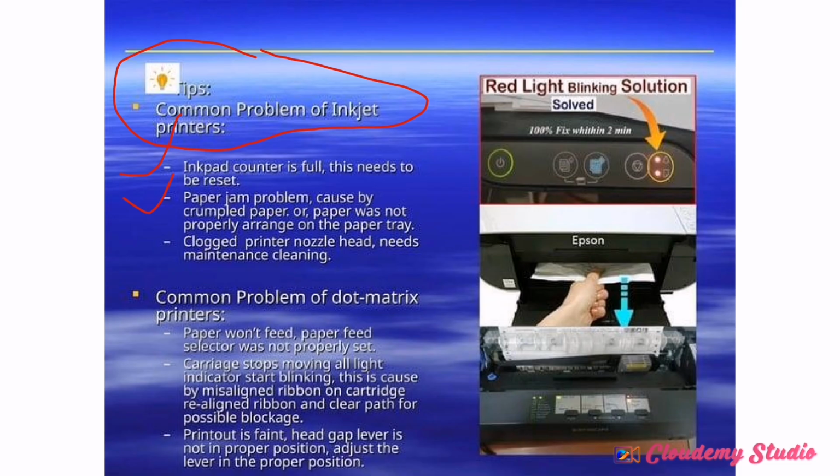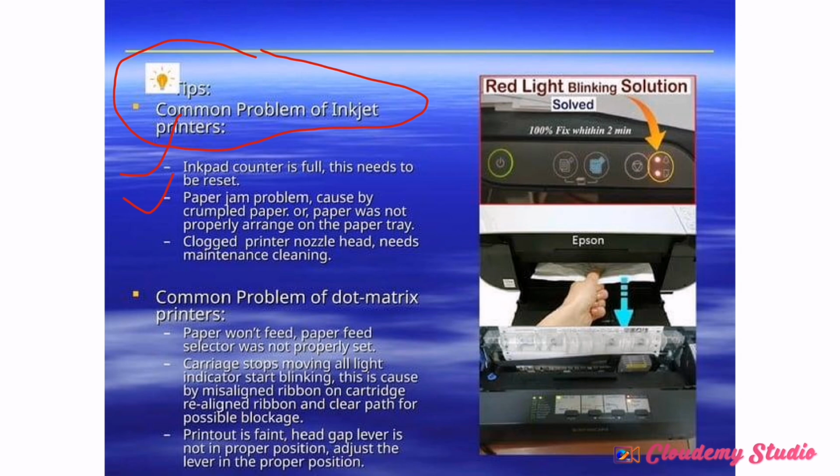Then I'll repeat again. Paper jam problem caused by crumpled paper, or paper that was not properly arranged on the paper tray. Okay, then clogged printer nozzle head needs maintenance or cleaning.